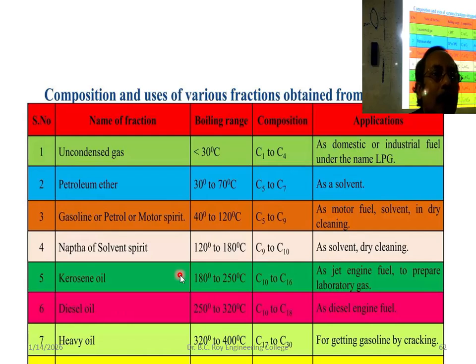Aeroplane requires more calorific value, because it has to give lifting power plus propelling power. So a lot of energy and thrust is required, otherwise it is not possible. A vehicle can move with a lesser calorific value, but an aeroplane cannot. That's why the calorific value is supposed to be more, and so kerosene is added.